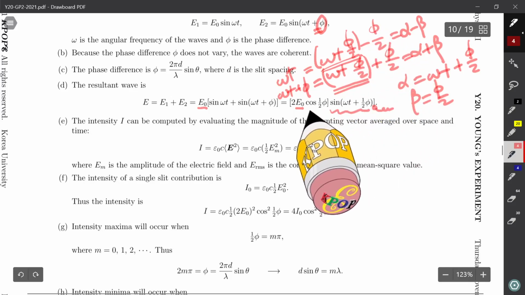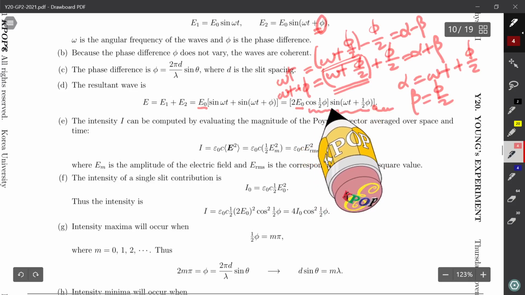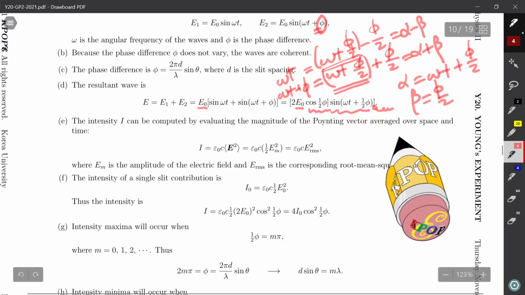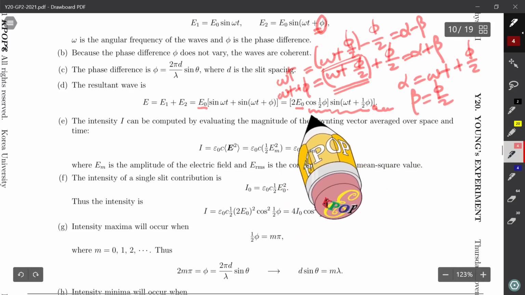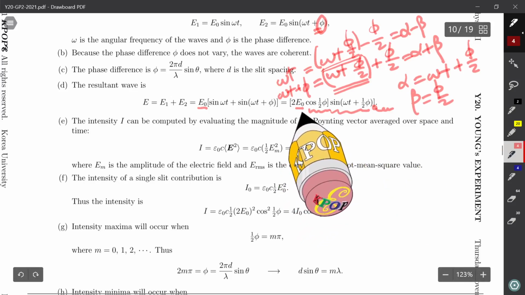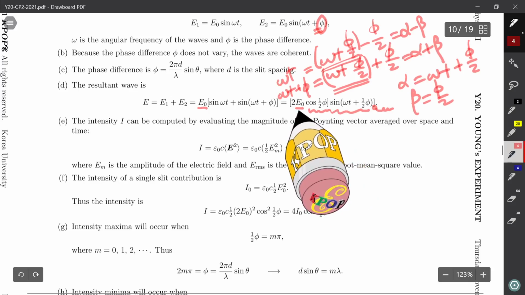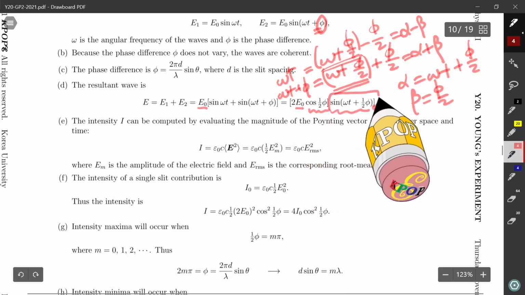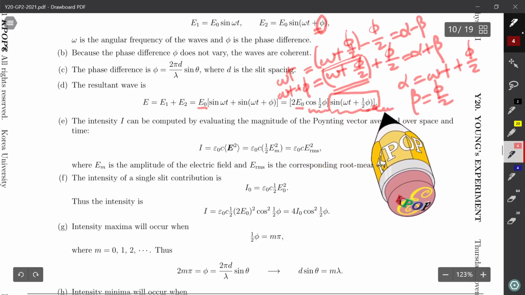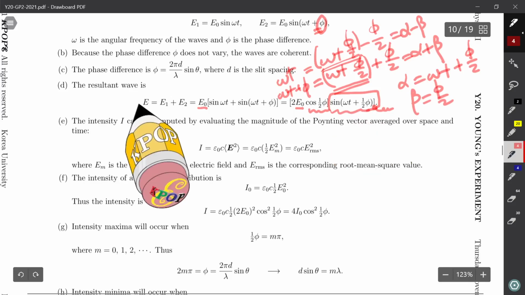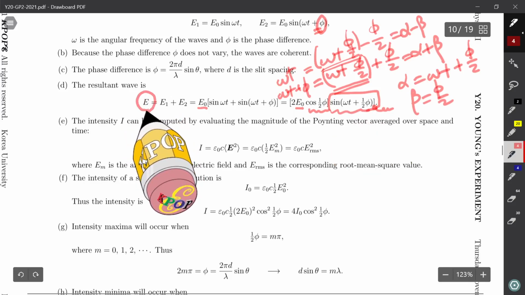This contribution appears as a factor of cosine 1/2 phi. This part depends on time, and for a given time the electric field is given like that.